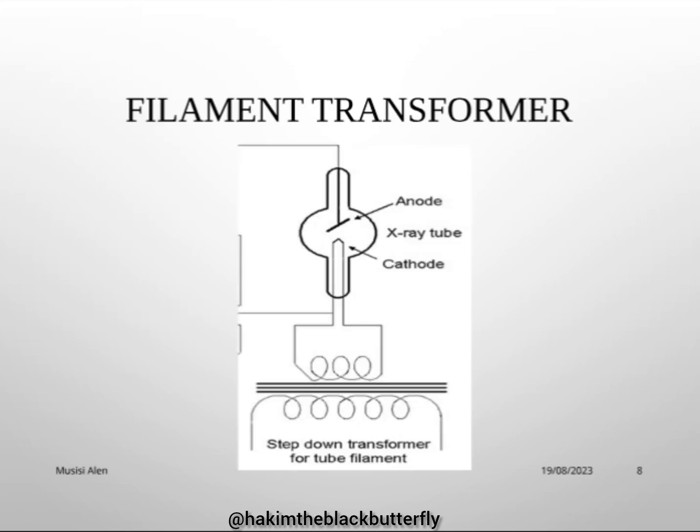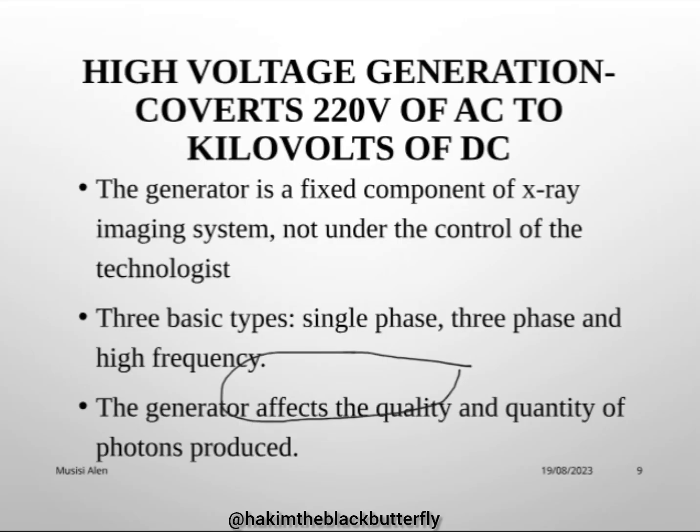And its main purpose is to heat the filament such that it produces electrons. So you realize that the transformer for the filament is a step down. We have many windings in the primary and a few windings in the secondary. So we have a lower voltage that goes into the filament to just heat it up and produce electrons.